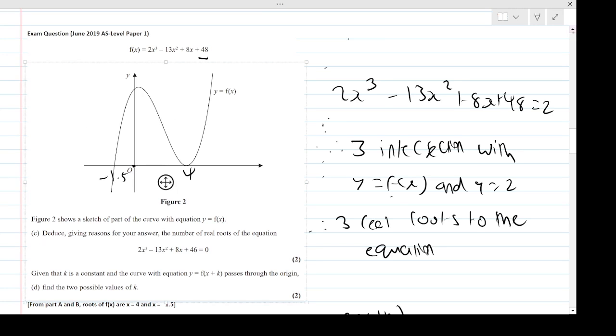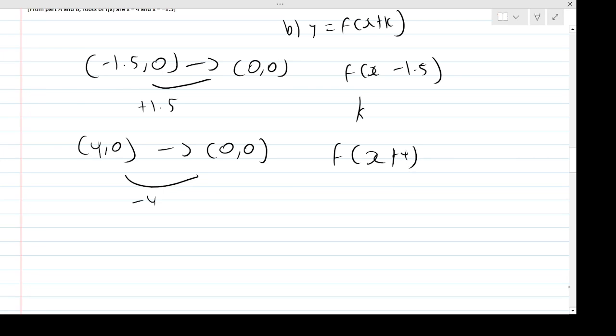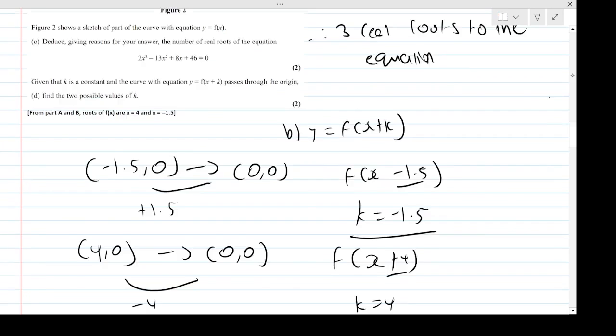And so that coordinate, that root at 4, if we want to send that to (0, 0), the origin, then we need to subtract 4, right? From 4 to 0, subtract 4. So the function to enable this is f of x plus 4, if we do the opposite of minus 4. And so therefore, my two possible values are k is minus 1.5 and k is plus 4. And those are my two solutions for k.